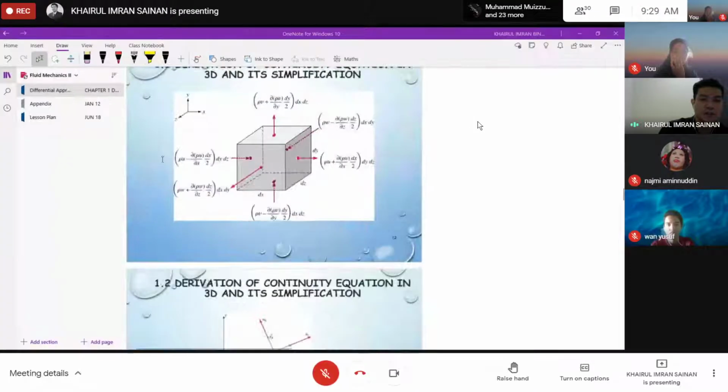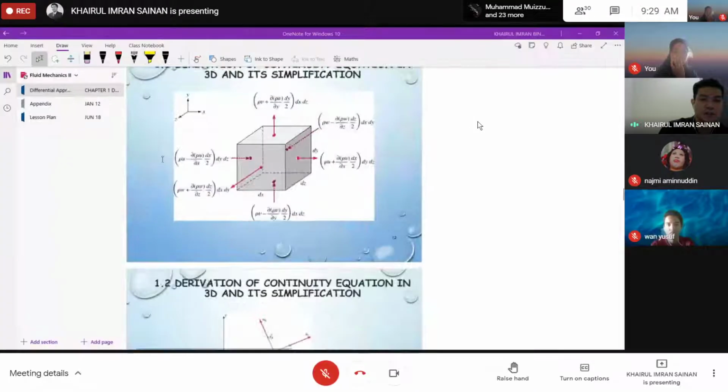Next is this one. Flow between two plates. When you have two fixed plates, you have this one, and you have another one. And this one you have what we call as a velocity profile. Velocity profile, some questions give you the drawing of it, but some do not.